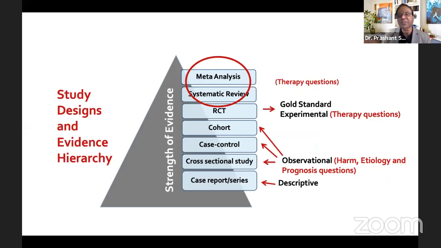Within the observational studies, there are three different types of study design. One is the cross-sectional study, then the case-control study, and then the cohort study. Cross-sectional studies are also called snapshot studies because exposure and outcome are measured at the same point in time.